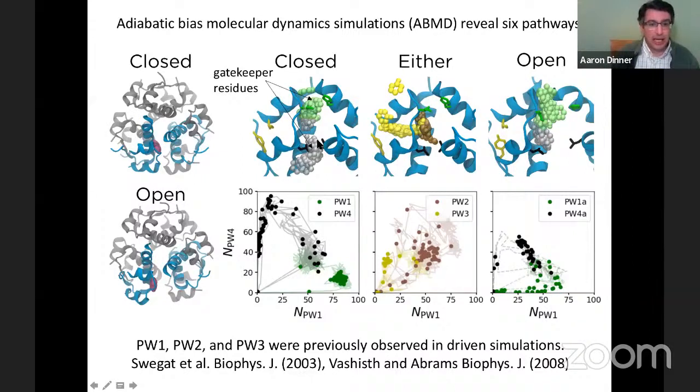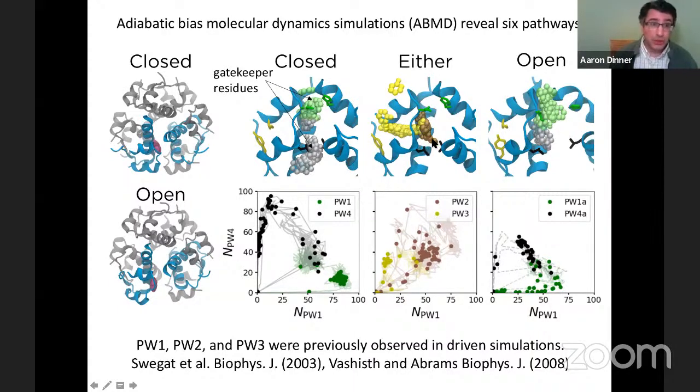Pathway 1, or pathway 1A, which is similar but has an open channel, is the phenol coming up through these 2 green residues, which are so-called gatekeeper residues. The phenol has to go through the gate. Pathways 4 and 4A are the phenol going down through these 2 black gatekeeper residues.